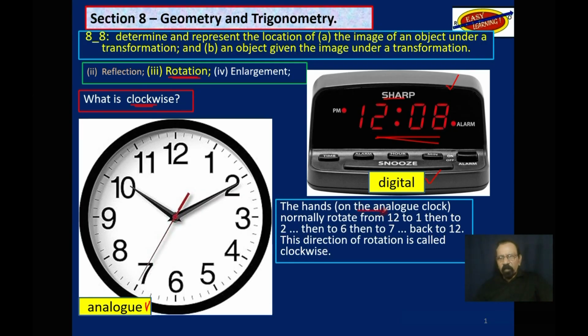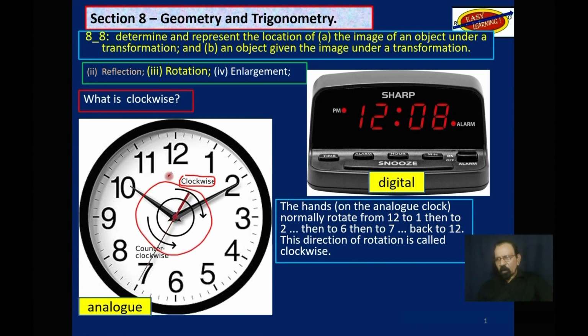The hands on this analog clock normally rotate from 12 to 1 to 2, then to 6, then to 7, and back to 12. Like this, from here all the way around. This direction of rotation is called clockwise. It's how a clock operates. So as you could see, clockwise is this direction here.